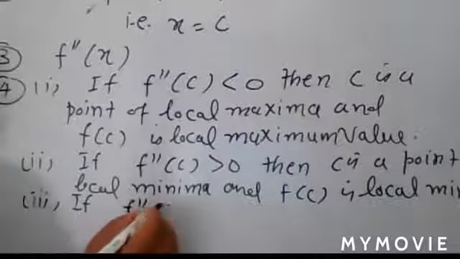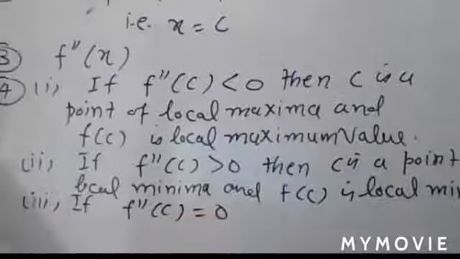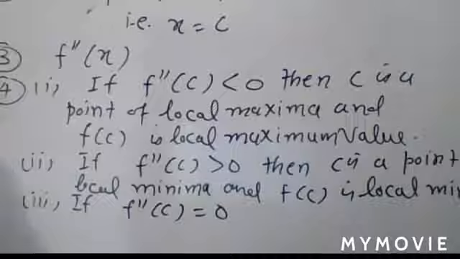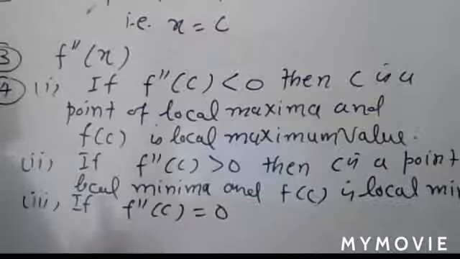Now you write the third case. If f double dash c is equal to 0, then the second derivative test fails.